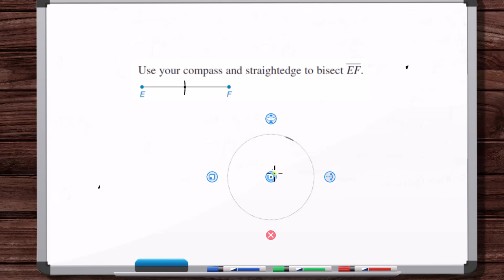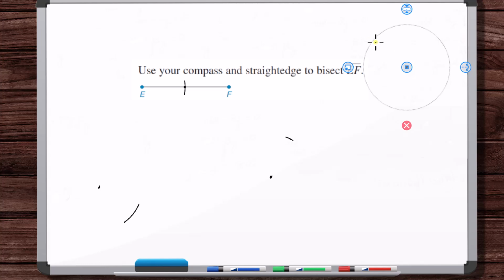It doesn't matter, and that would be congruent to that line segment. Connect this point to any point on that segment, and that's the same length as E to the midpoint. Right, so there's a congruent line segment to E, we'll call that EM. That's congruent. That's congruent. That's congruent.